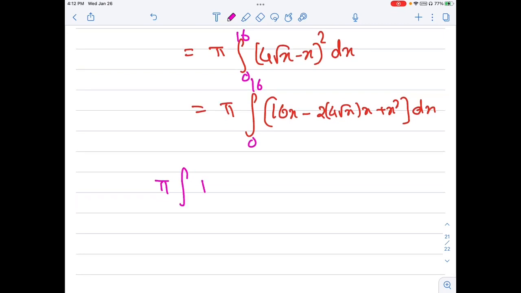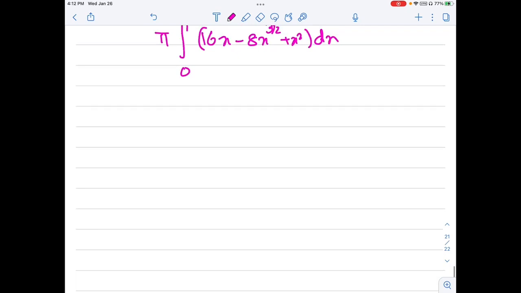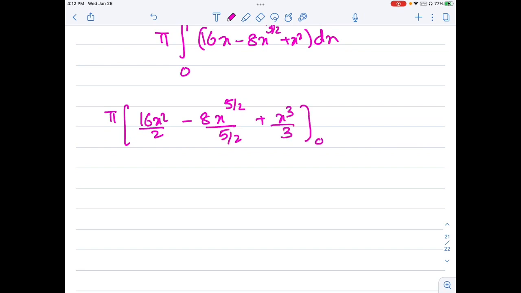Pi integral 16x minus 8x to the power of 3 by 2 plus x square dx from 0 to 16. So it becomes pi, 16x square upon 2 minus 8 x power 5 by 2 upon 5 by 2, plus x cube upon 3, from 0 to 16.